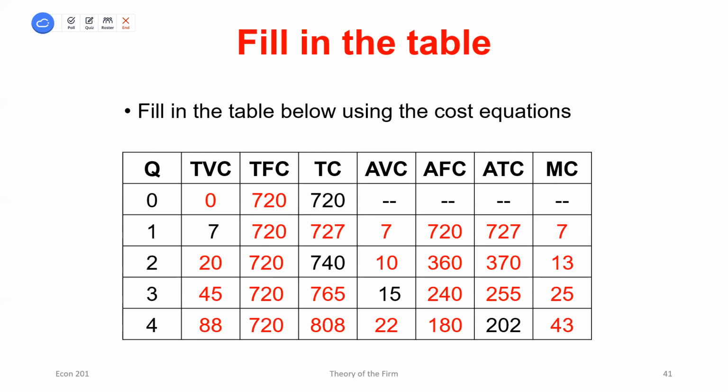For this very first one, I really should be using 0 here. Sorry, I've got 720, 727. The change in total cost was 7 divided by my change in quantity of 1. And then the next one, 727 to 740, that change in total cost from that second unit was 13 divided by the change in quantity of 1, 13, right? And so on.